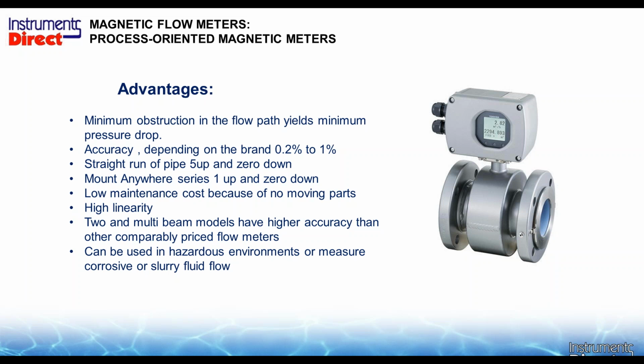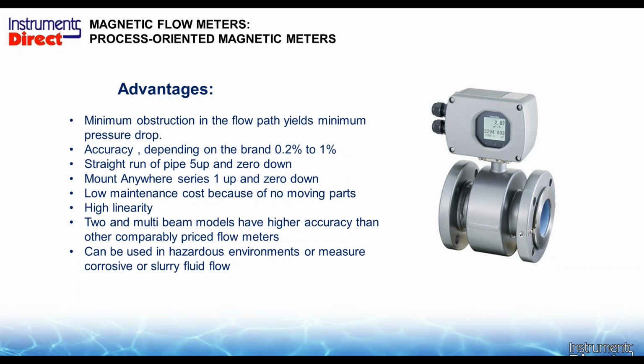A mag meter is priced based upon the diameter of the pipe size, so a 1 inch is going to be less expensive than a 10 inch. They're also made of big hunks of metal, so it's a hardy device. You're getting 50, 60, and 100-pound weights for mag meters in the larger line sizes, and you may spend more money on the crane installing it than the cost of the meter itself.